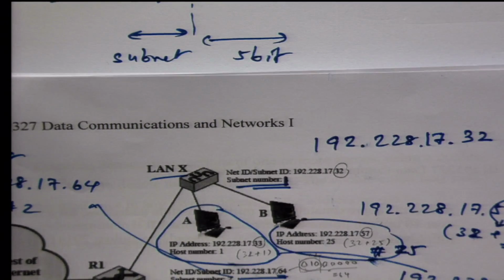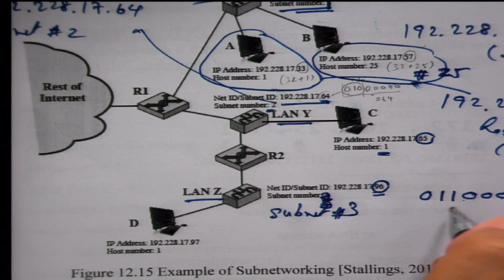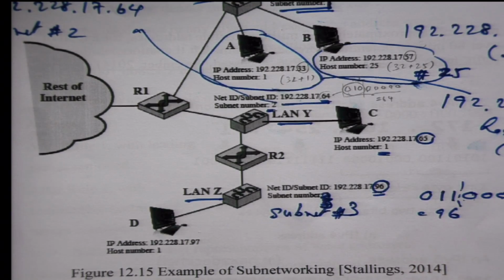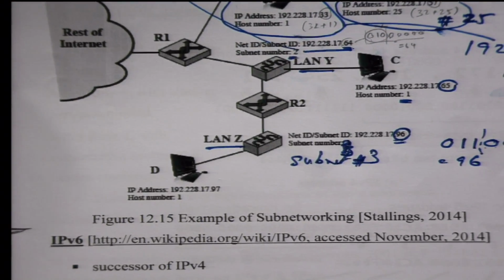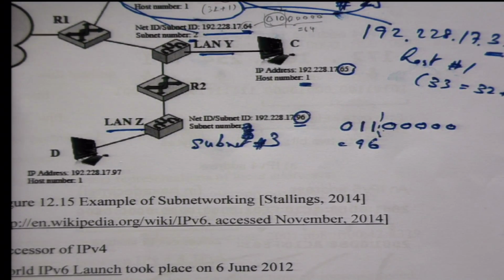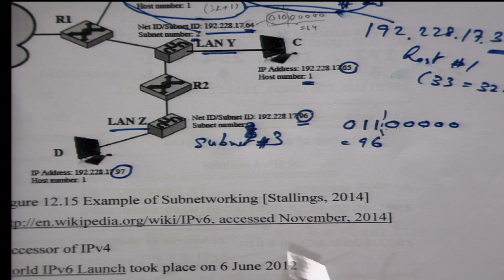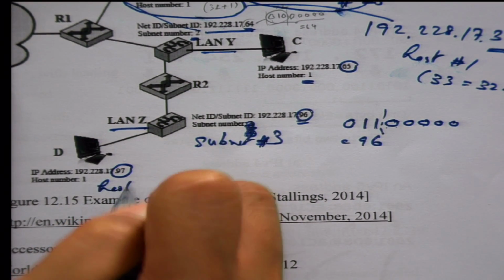1, 1, right, and then all 0. So this is equal to 96, so subnet number 3. And if the address is .97, it means host number 1.